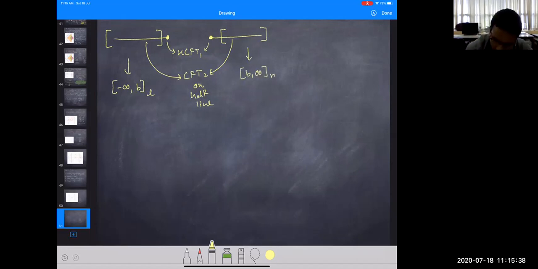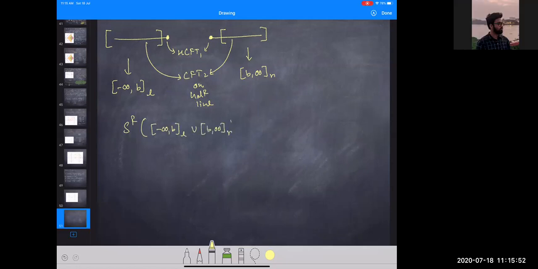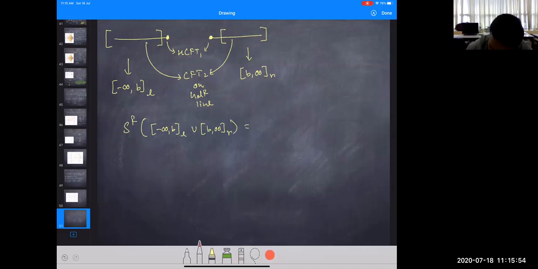We computed the fine-grained entropy of minus infinity to b on the left union b to infinity on the right, and we saw that this is just ever growing. We saw that this goes as t when beta is much less than t in this system.